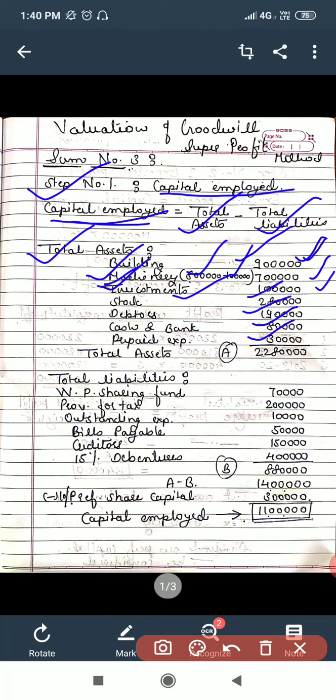Apart from that, advertisement suspense account, being a fictitious account, will not form part of capital employed, and that is how we end the asset side of our balance sheet. If we take the total of all these, you will get 22,80,000, that is total assets, and we will name it A.